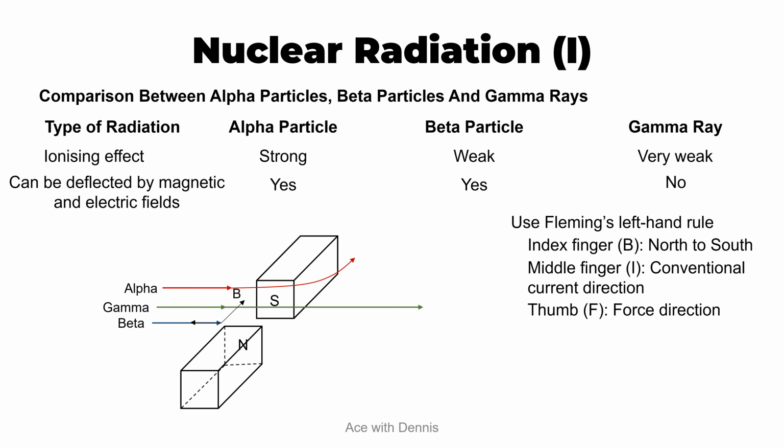As the beta particle is negatively charged, the conventional current will be in the opposite direction. And our thumb will automatically point downwards, which means the beta particle is deflected downwards.